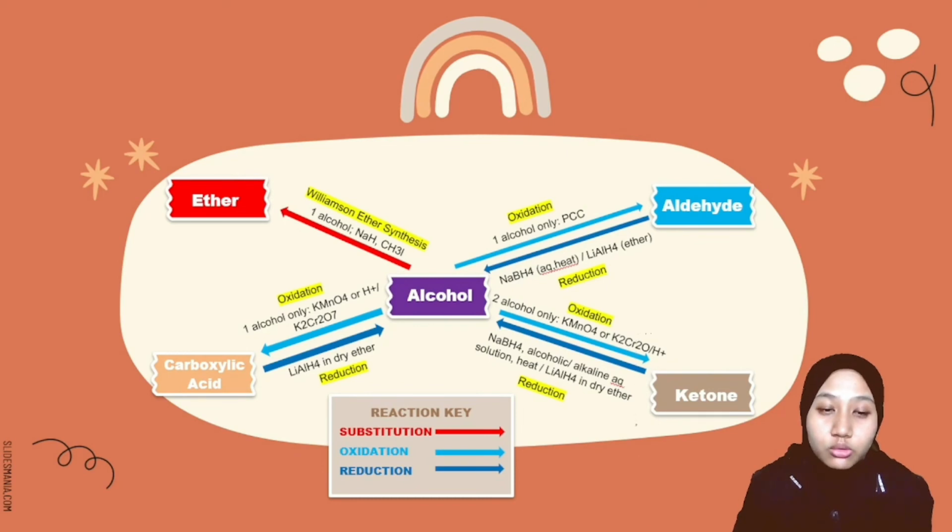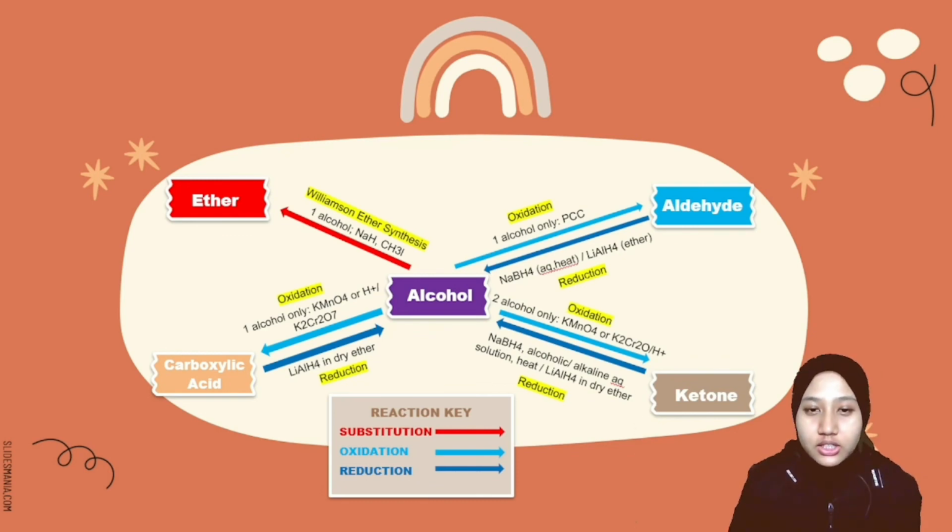From alcohol to carboxylic acid, we can use an oxidation process by adding primary alcohol with potassium permanganate to form carboxylic acid, and from carboxylic acid to alcohol, we can add carboxylic acid with lithium aluminum hydride in dry ether in a reduction process to form alcohol.